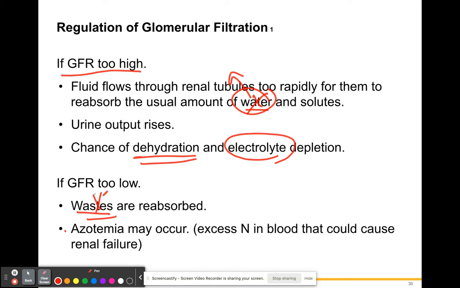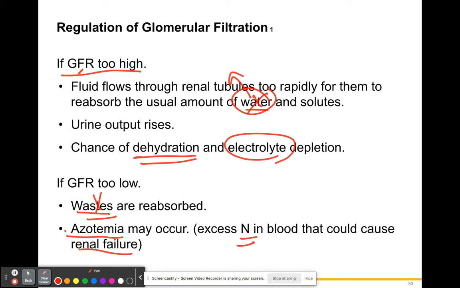Same thing here. Because then we're just going to have a buildup and buildup of wastes over time. And what can that cause? That can cause azotemia, which is an excess of nitrogen products in our blood that can cause renal failure or kidney failure. We don't want that.